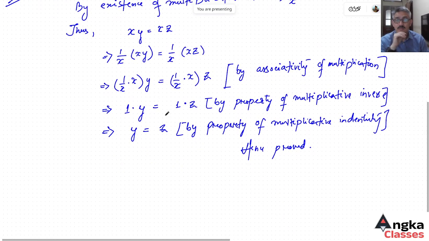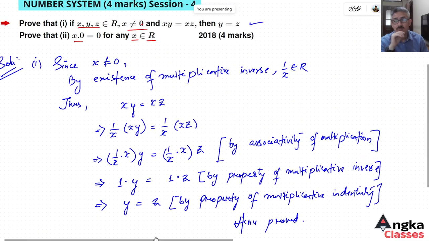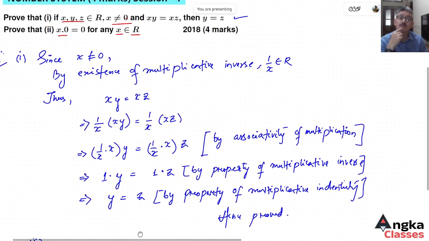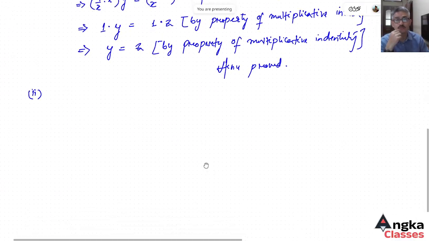Now let's look at the second part, Roman number 2: for any x belonging to real number, x into 0 is equal to 0.